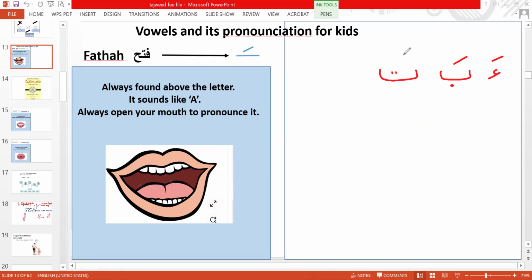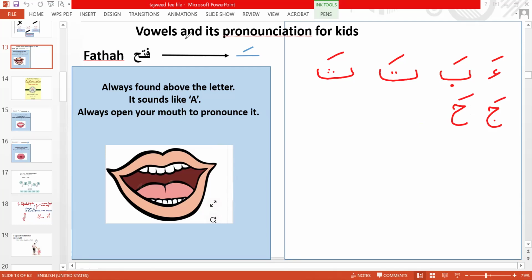Ta Fatha Ta, Tha Fatha Tha, Jim Fatha Ja, Ha Fatha Ha. If you are focusing, you will definitely see that your mouth is opening to pronounce any letter with a fatha.